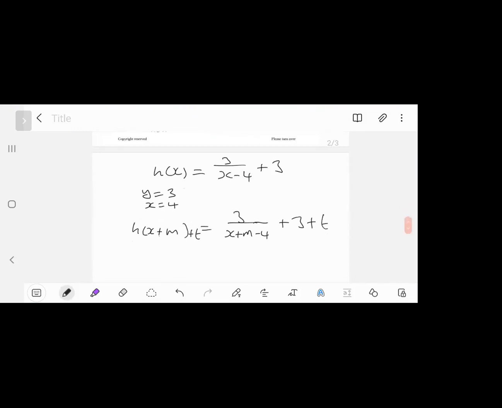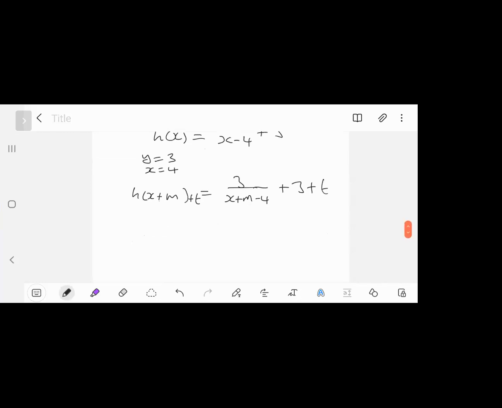Now, if I say, give me a value of m such that the asymptotes will be x equals -9 and y equals -3, this should be my asymptote.